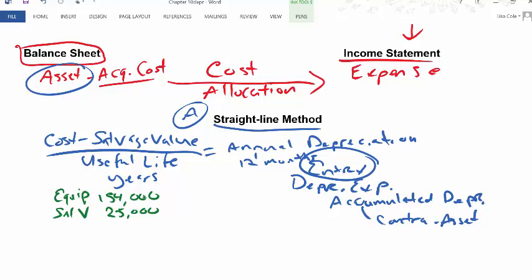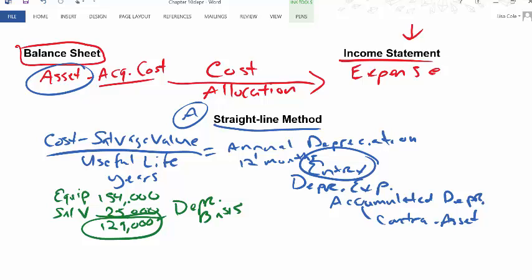If you take the 154,000 minus the 25,000, that gives you 129,000. And this is how much we're going to actually depreciate. And so it's called our depreciable basis, how much of the cost that we're going to depreciate.